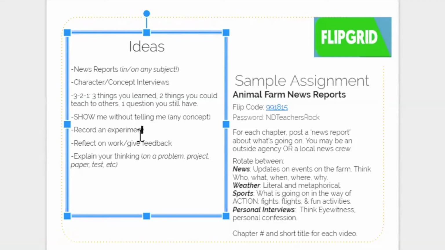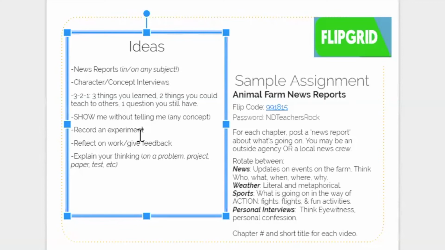Certainly you could use it just to straight up record experiments. All right, we're gonna run this experiment in our classroom. We're working on measuring mass. We're working on velocity. We're working on any kind of experiment. We're gonna record a FlipGrid video of our experiment and then post a second follow-up video explaining how the experiment went.